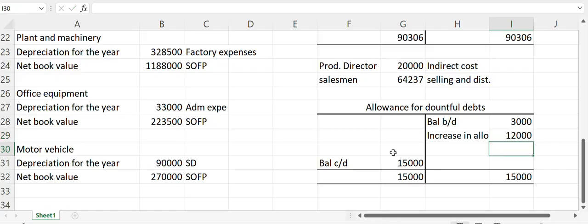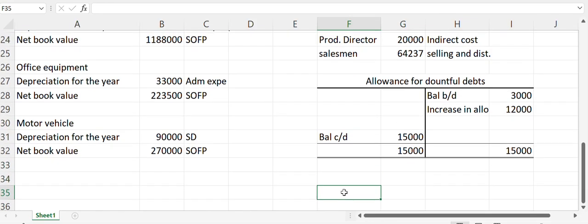The difference is 12,000. So that will be recorded in the income statement as an expense. We can record it under selling and distribution, because debtors are people who buy goods on credit, or you make credit sales to customers who we call debtors. So this one should be under selling and distribution. Okay, so we are done with that.